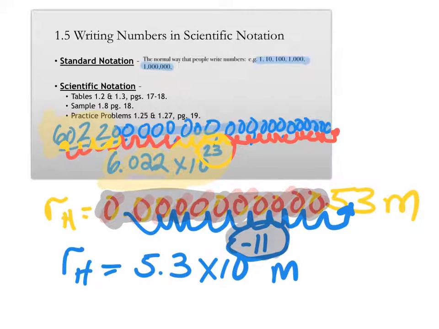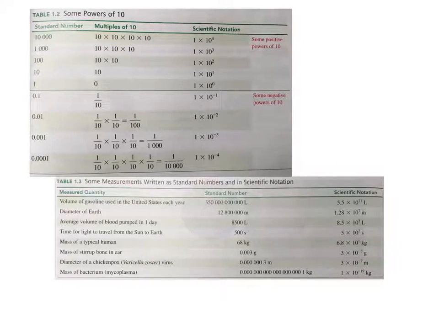Now, tables 1.2 and 1.3 on pages 17 and 18 have some information about scientific notation, and you can see those here. Table 1.2 shows some powers of 10. Over here on the far top left, it has 10,000. They don't use commas in this book, apparently, but that would be 10,000.